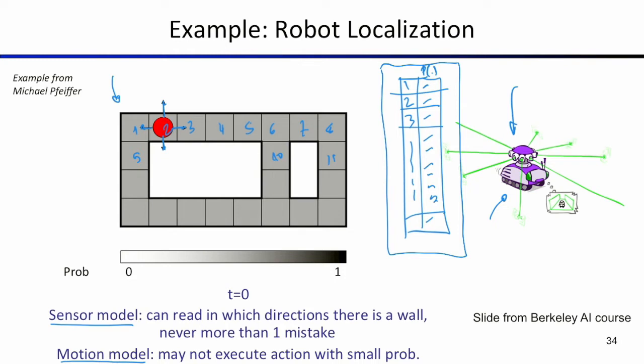At the same time, we have the transition probabilities that tell us how we update those probabilities from time t to time t plus 1. And these transition probabilities will not be perfect either, because we have this motion model that says we can move to the next position or we can stay in the same position with a small probability. So this is the idea.